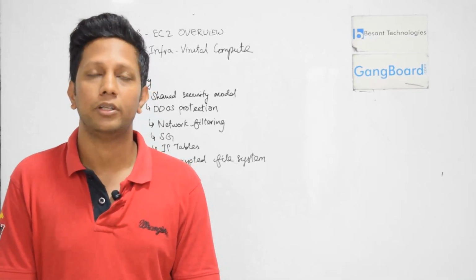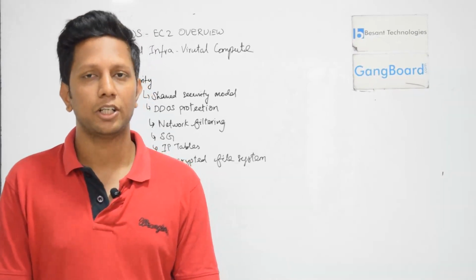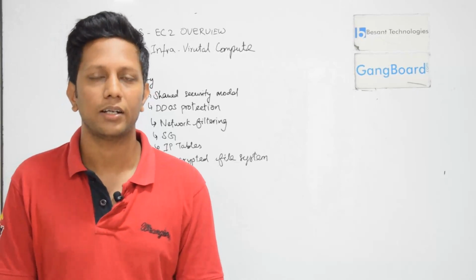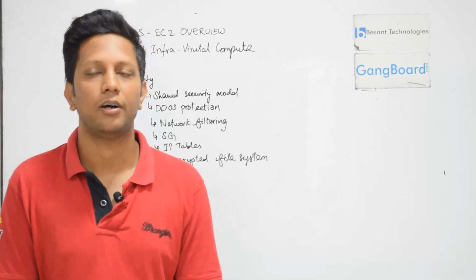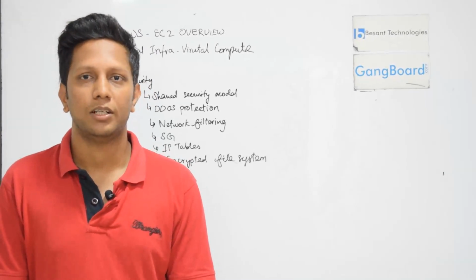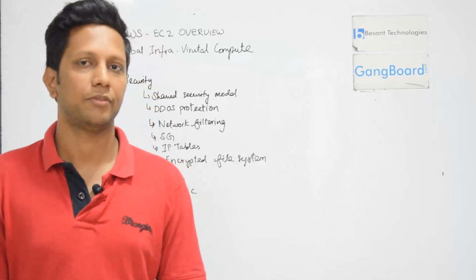And from the work or exam perspective, this is the major concept of the EC2 service, where you get multiple questions from this component as well. So in the upcoming videos, we will see these things in depth. Thank you.